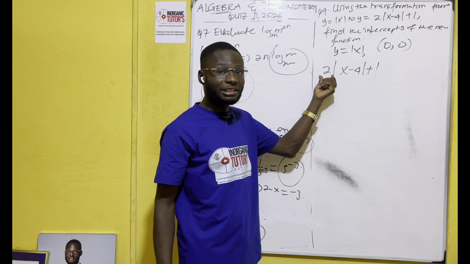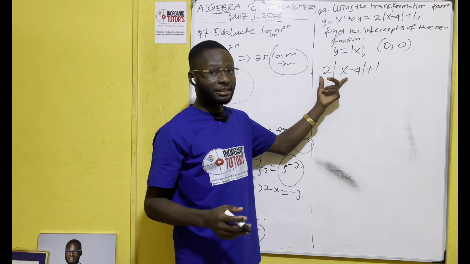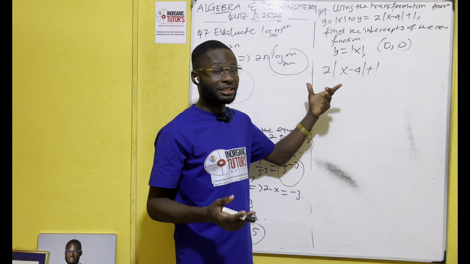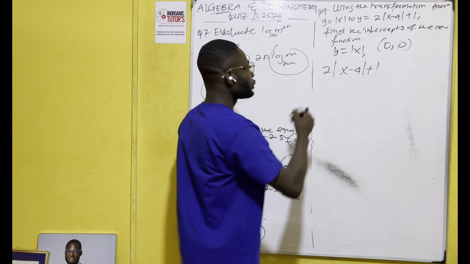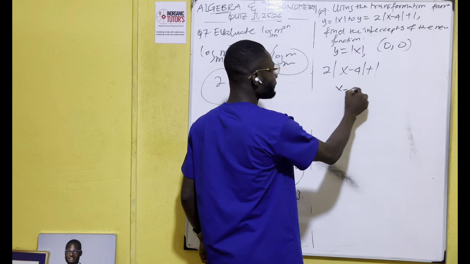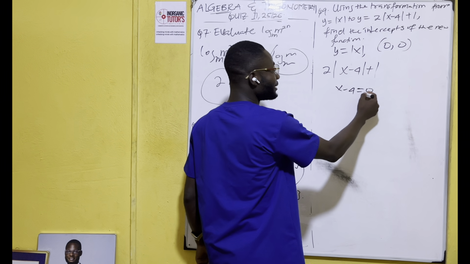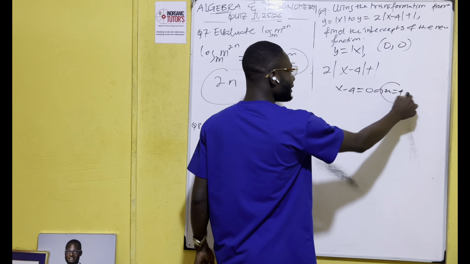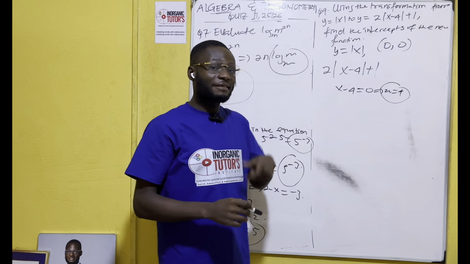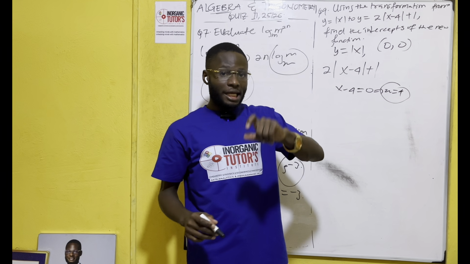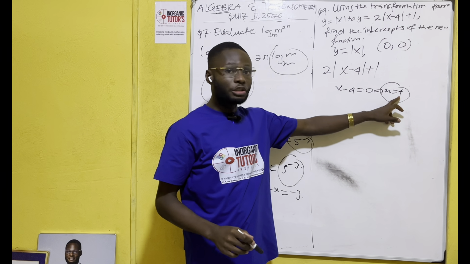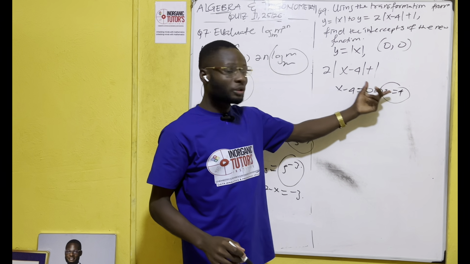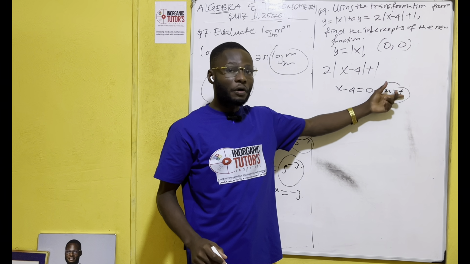It doesn't add anything to the vertex. And x minus 4 equals 0 implies that x is 4. And this means that it is a shift to the right by 4 units.